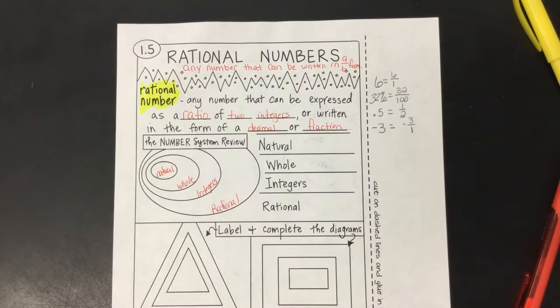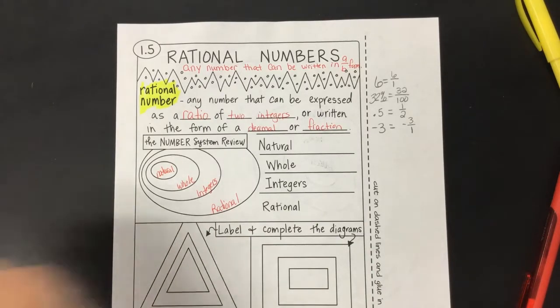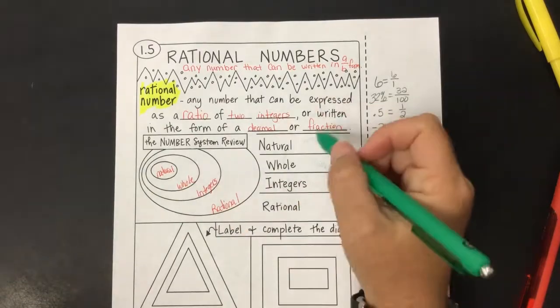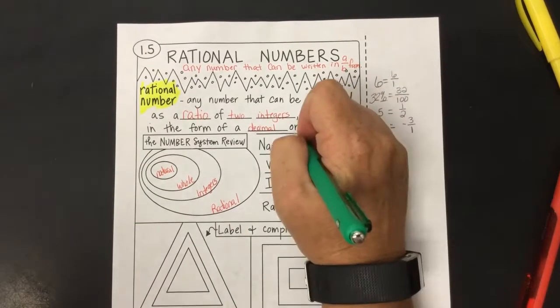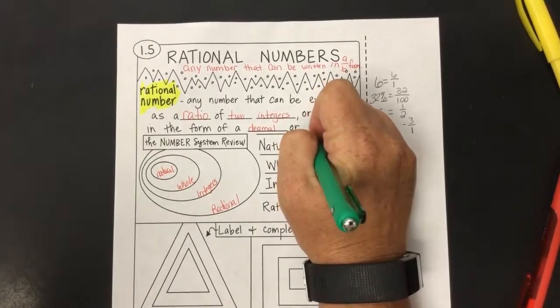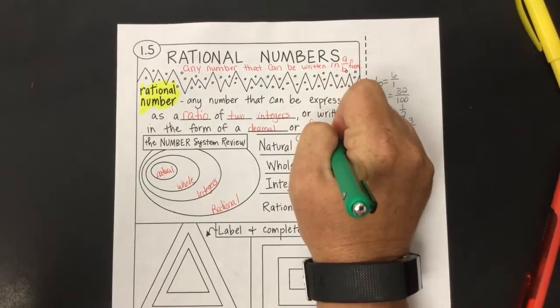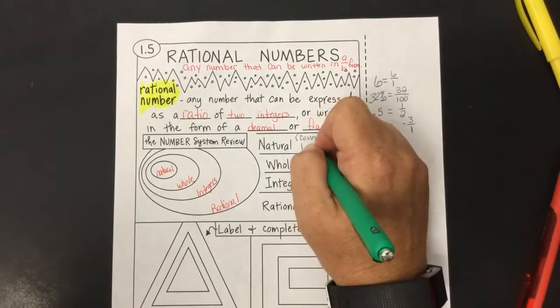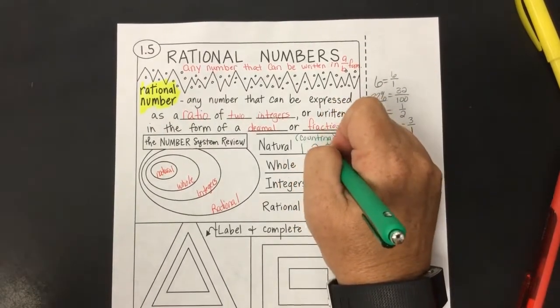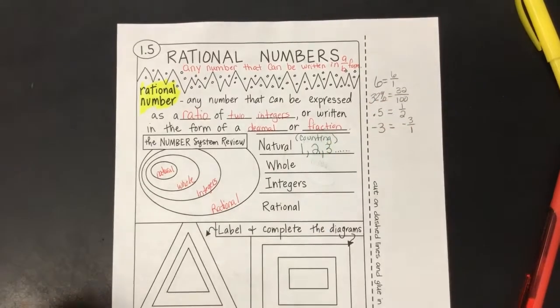All right, so whole numbers are like counting numbers. That's the other word that we use for this, counting numbers. So that's 1, 2, 3, and so forth.